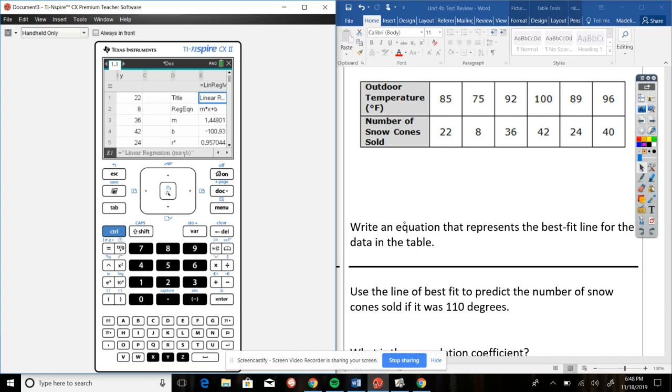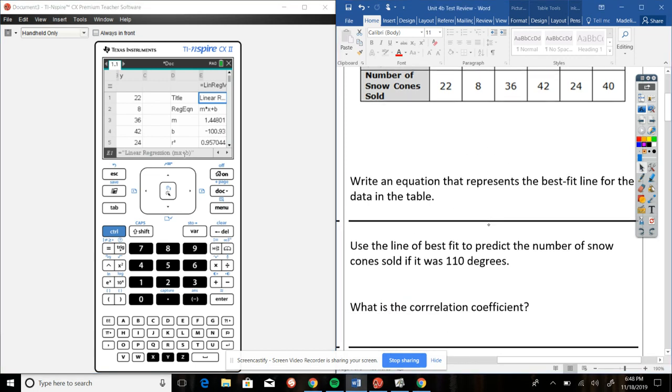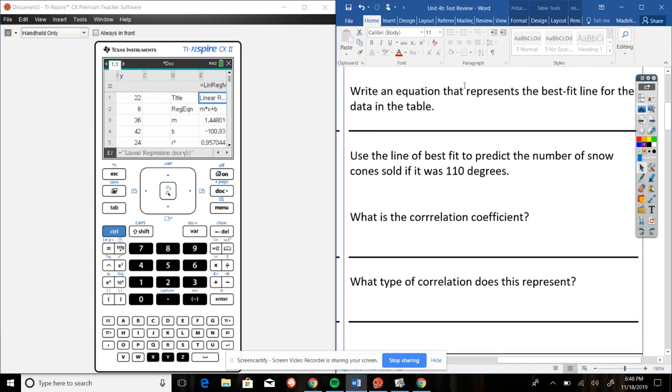So the first thing it tells us is it wants us to write an equation that represents the best fit line for the data in the table. So this is where we're going to have y equals mx plus b as our base equation. And notice it gives us m and it gives us b. So I will just write y equals, right here it shows us that our m is 1.448.